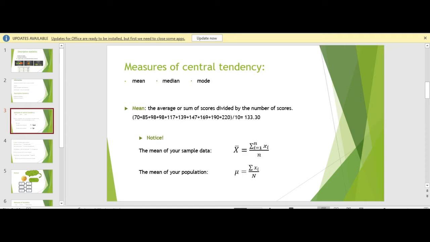And the second measure of central tendency is median. And median is the middle number of a data set when they are arranged from lowest to highest. When distribution has an odd number of scores, then median is the middle number. But when distribution has an even number, the median is the half of two middle scores or the average of two middle scores.